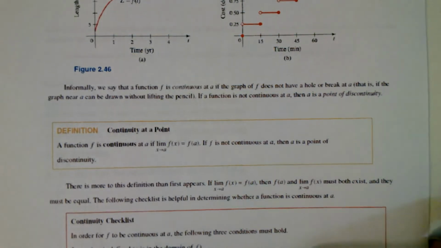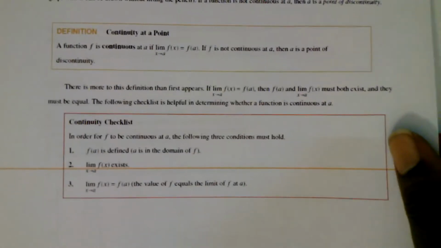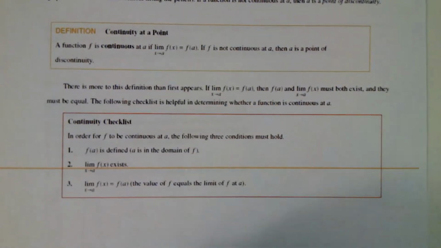So here is that continuity checklist. It states, in order for f to be continuous at a, the following three conditions must hold. Number one, f of a is defined, meaning that a is in the domain of f. So f of a must be defined. Number two, the limit as x approaches a of f of x has to exist.